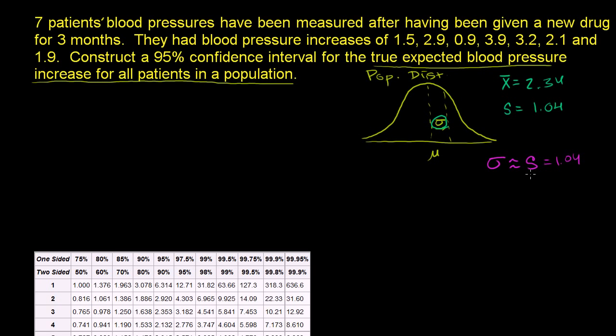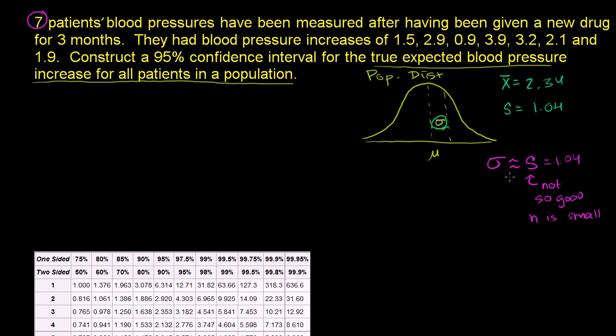We're estimating our standard deviation with an n of only 7. So this is probably going to be a not so good estimate, because n is small. In general, this is considered a bad estimate if n is less than 30. Above 30, you're dealing in the realm of pretty good estimates.